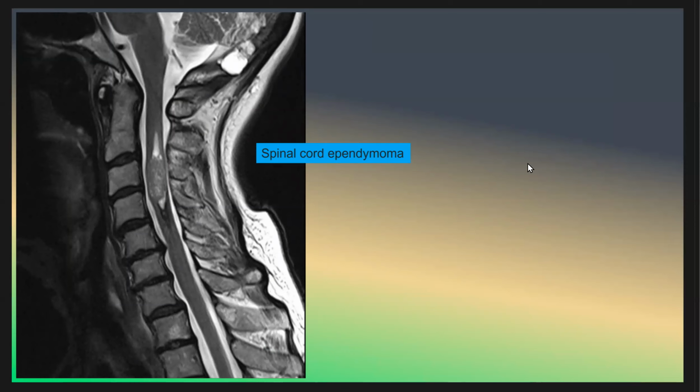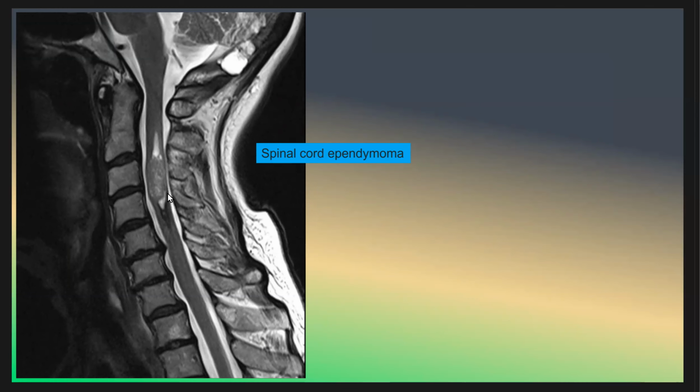It is a spinal cord meningioma, as we see here, and there is a cap sign, and this is a spinal cord meningioma with cap sign.